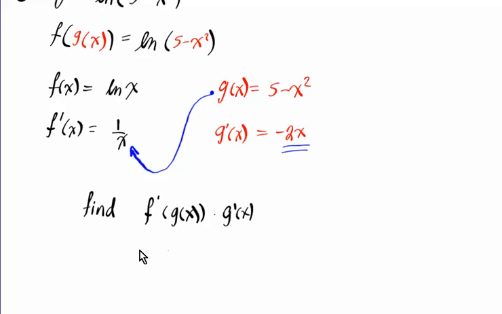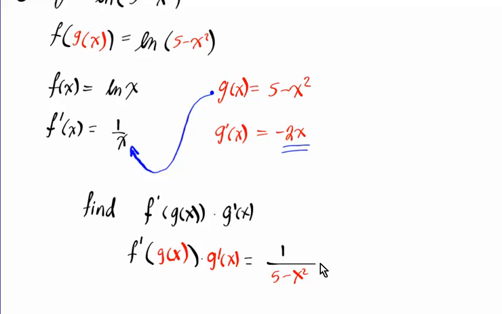So what we have is f prime of g of x times g prime of x. What is that going to look like? Instead of 1 over x, we're going to have 1 over g of x, which is 5 minus x squared.